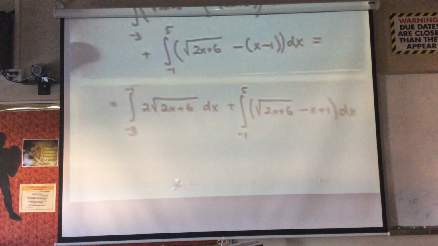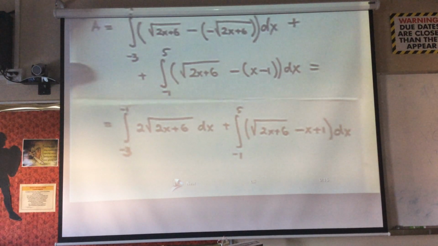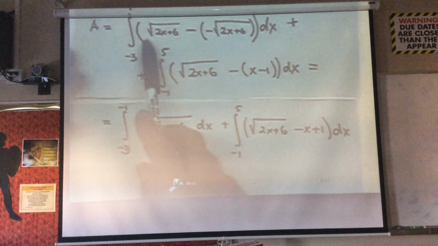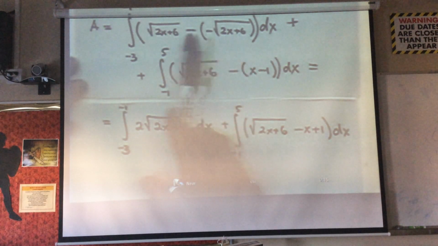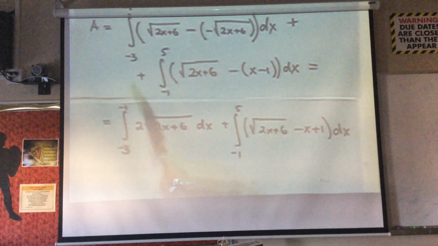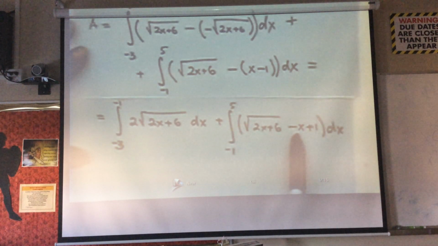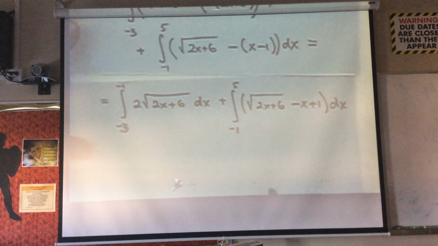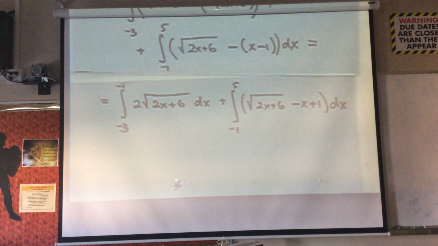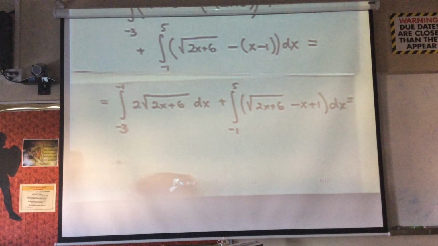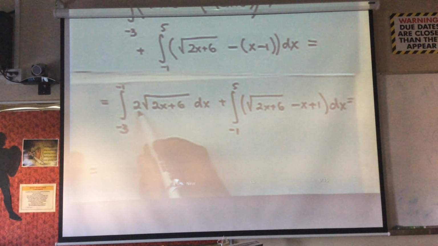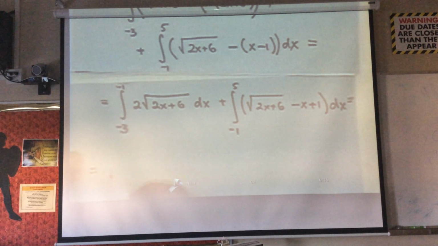So by doing this, we arrive to this. So we just simplify this a little bit, not much, because negative, negative gives you positive, so you get two square roots. And just, I open parentheses, this is what I have. So now, maybe one little thing we can do here is to move this 2 and put it in front of the integral.